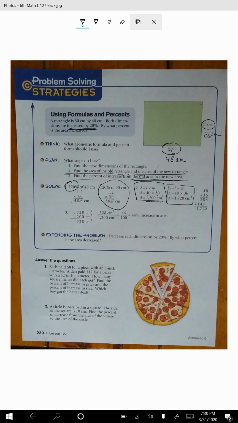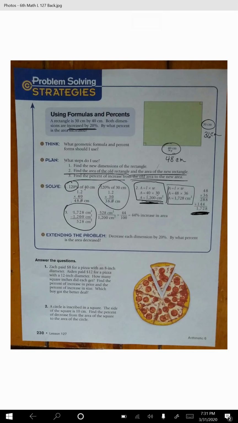Okay? Now what they do, remember percent of increase, percent of decrease. You always find the difference, and you divide it by the original number. So what they're doing is they're going to take the 1,728 right here of the area of the new rectangle, and they're going to subtract it by the area of the old rectangle.